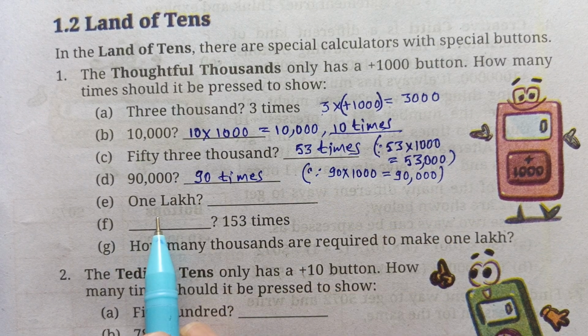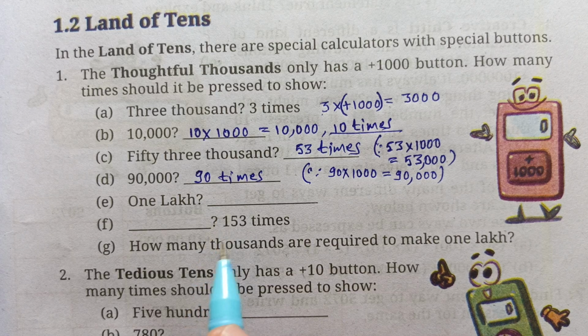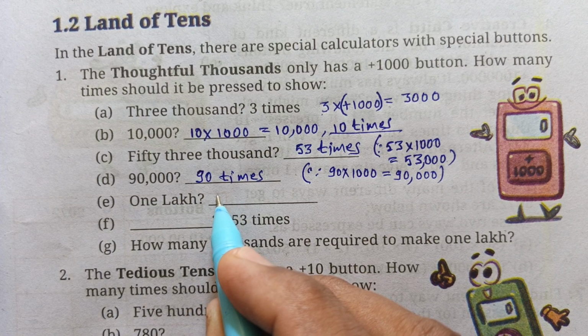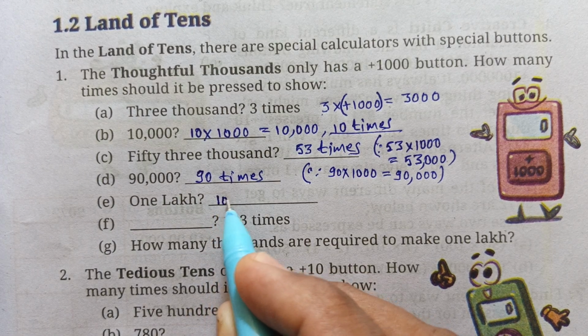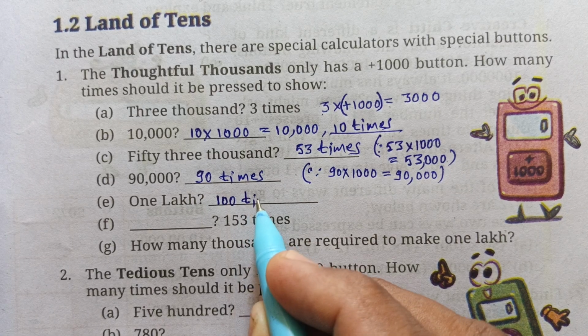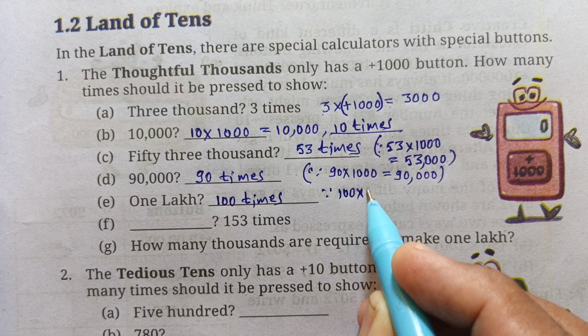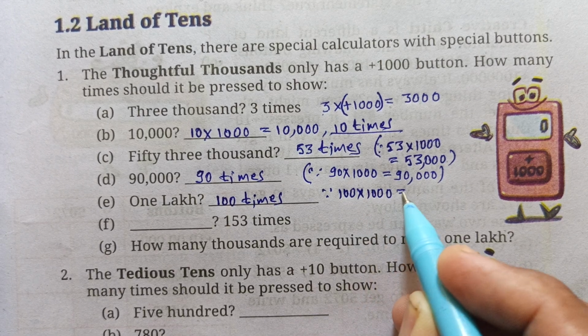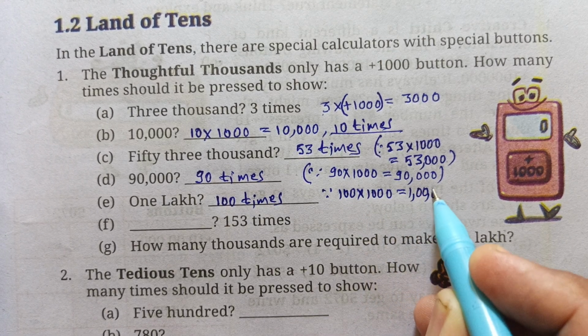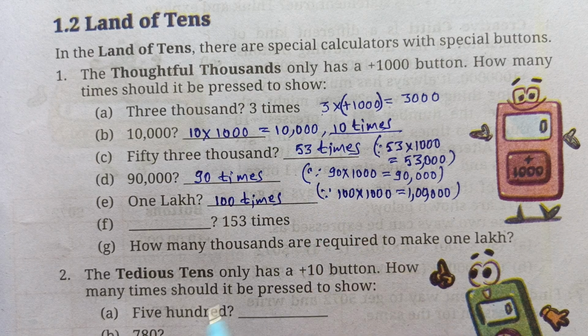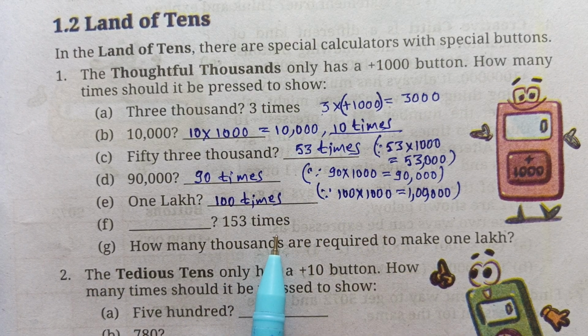Next, to show 1 lakh, how many times do we have to press this plus 1000 button? So it is 100 times, because 100 into 1000 equal to 1 lakh. Next, coming to F, here 153 times is given.